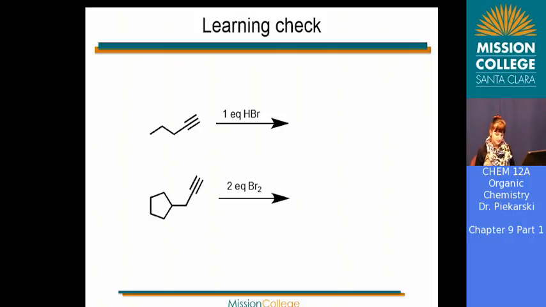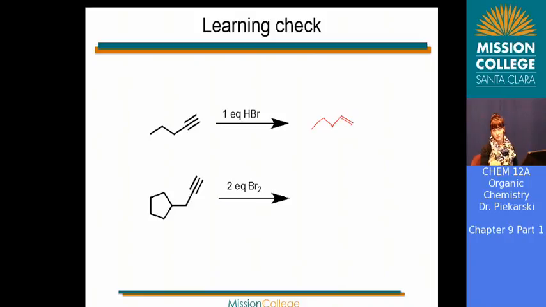Hopefully you've had a chance to do that. The very first one, we're only adding one equivalent. And so I always tell students to number or kind of count 1, 2, 3, 4, 5. So it looks like I have 5 carbons, right? If it's only one equivalent, that means that only one bond's reacting, so I'm left with a double bond.